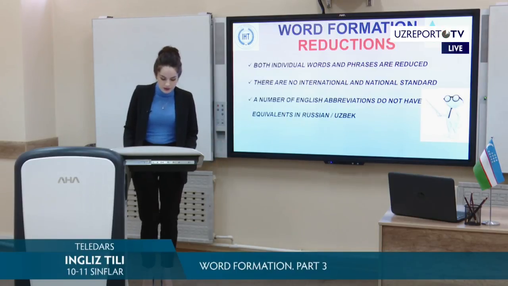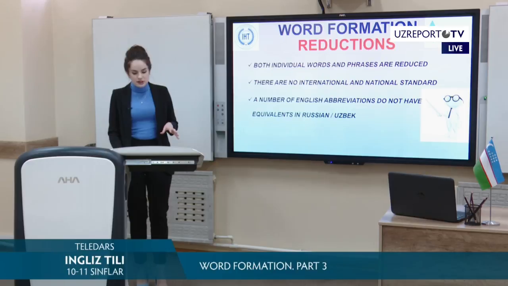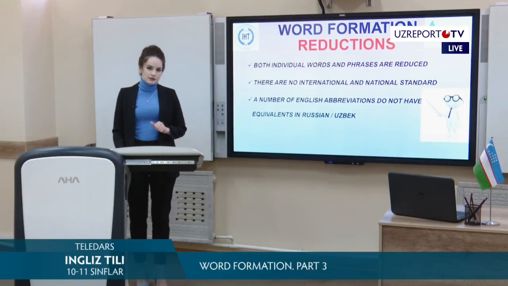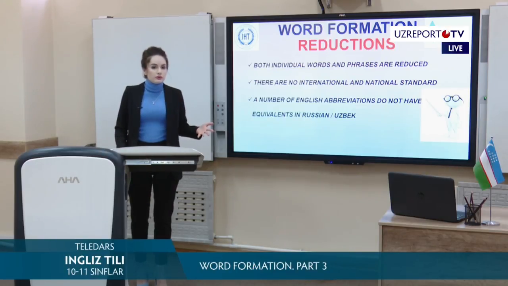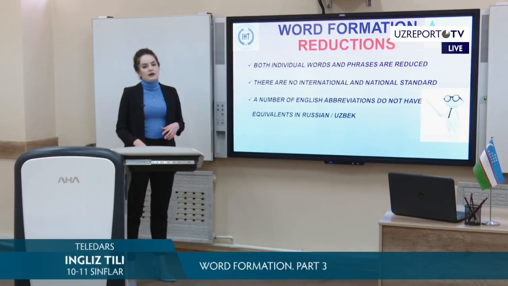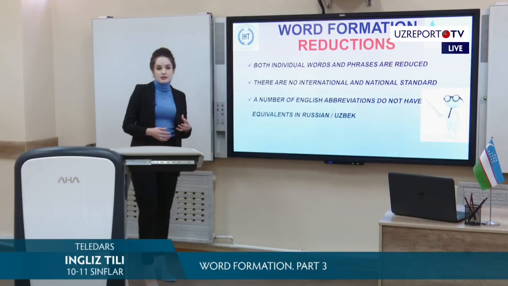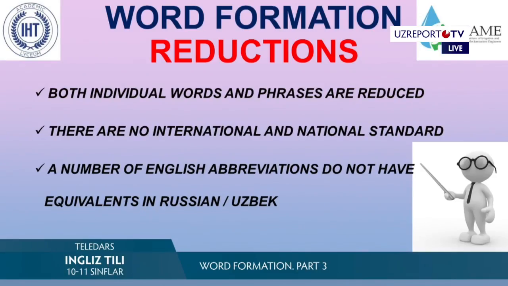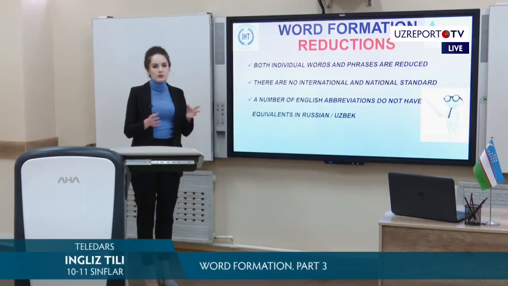Next one, there are no international and national standards. As I told you before, nowadays we have so many technologies. We have a really fast process of development. That's why we cannot really quickly understand the origin of some words. That's why some words are really international, because they are used all over the world.